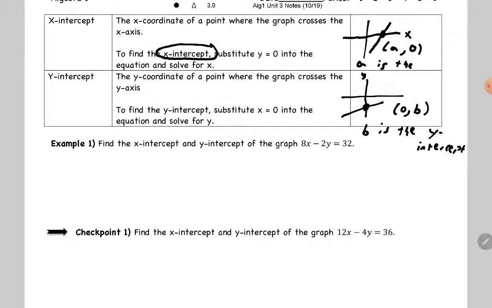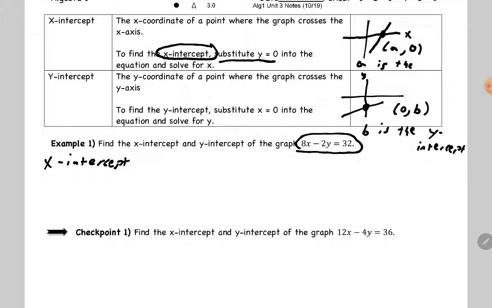Okay, so how do we find the x and y-intercept given this sort of graph, or this equation? To find the x-intercept, we're going to substitute y equals 0 into the equation and solve for x.